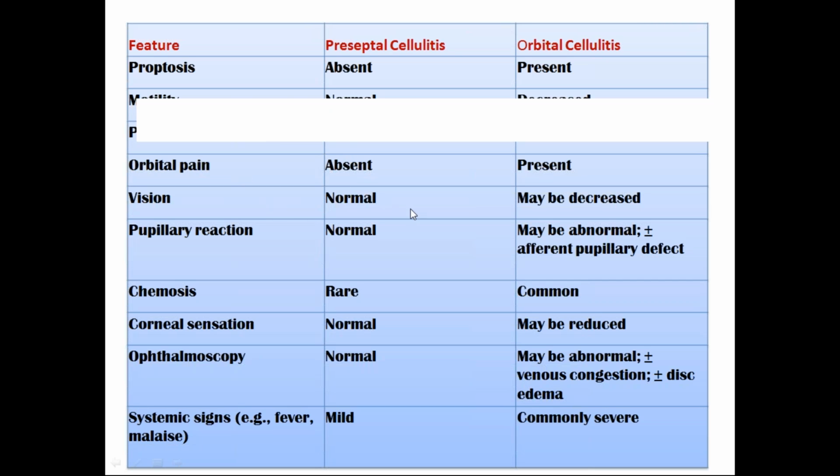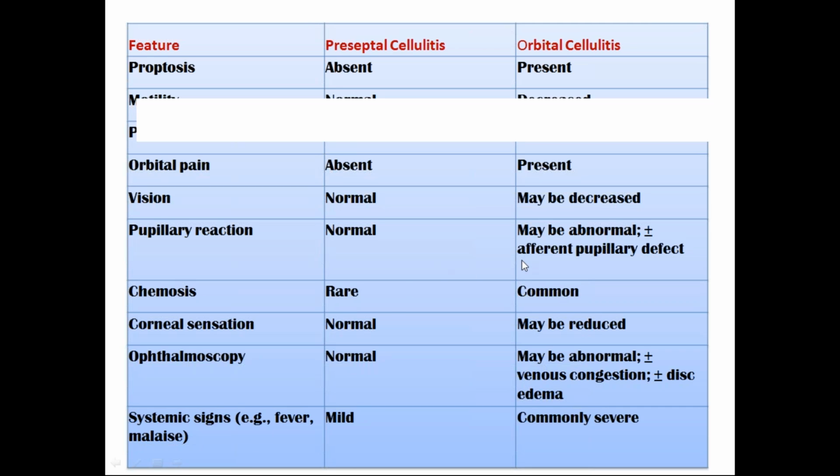Vision is normal in preseptal cellulitis, and there will be decreased vision in the case of orbital cellulitis. The pupillary reaction is normal. All these conditions will be normal in the case of preseptal cellulitis. Only chemosis will be very rare, because the conjunctiva may be involved in some patients, and systemic signs and symptoms are also minimal.